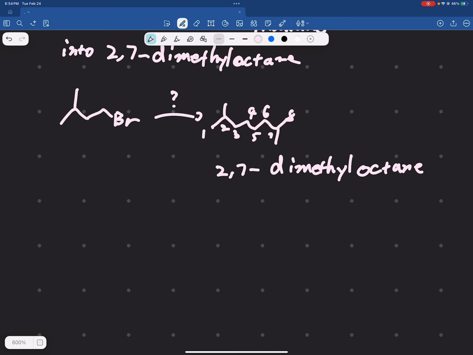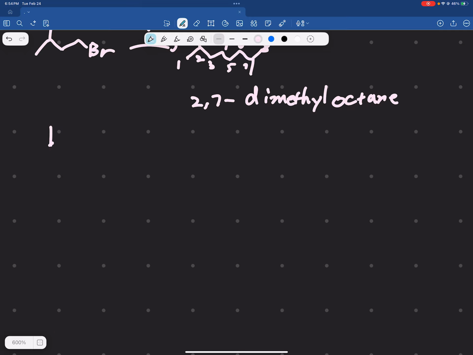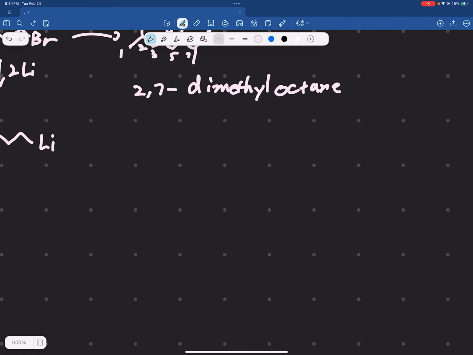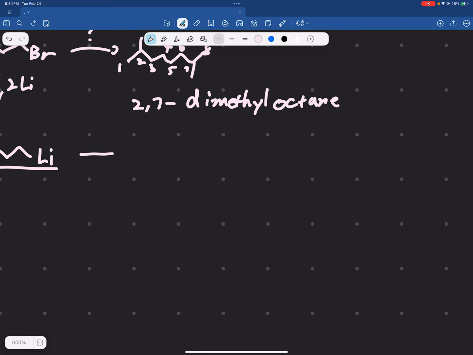So the solution to this is the coupling of a Gilman reagent with the starting bromoalkane. So this is going to actually have 2 intermediates and 3 reagents. This 1-bromo-3-methylbutane is going to be reacted with 2 equivalents of lithium, and it's going to form this compound there.